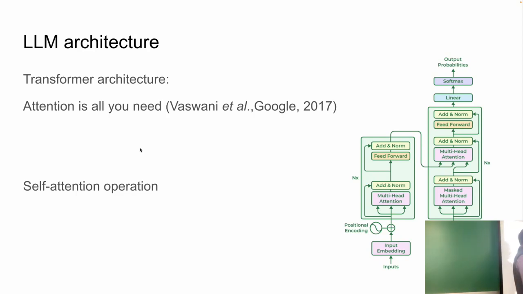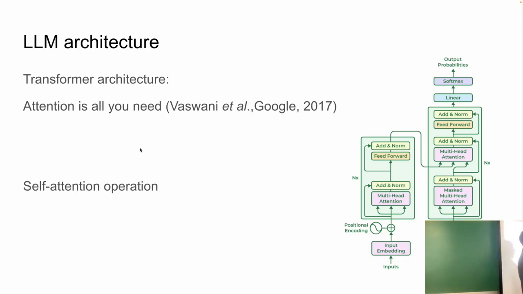But why the sudden hype? One of the very big breakthroughs in this field can be attributed to the paper Attention is All You Need, which came out from Google in 2017 and introduced the transformer architecture. This is one of the fundamental architectures used in large language models, in all of them really.